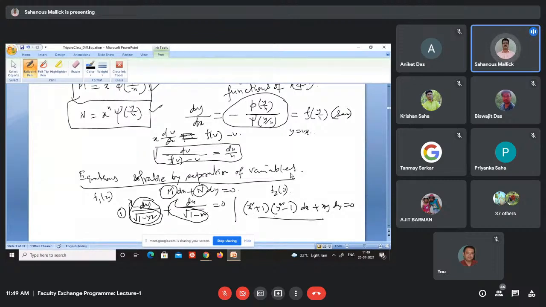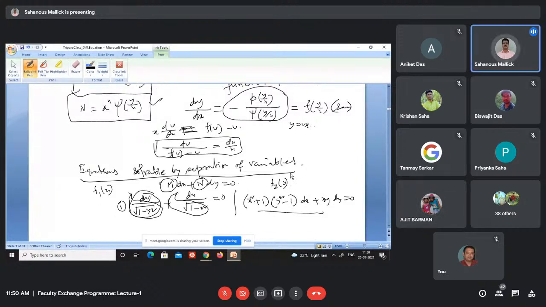We can easily separate the variables by dividing this equation by (y square minus 1) into y, or just by simplifying this equation. So these equations are examples of separated variables.